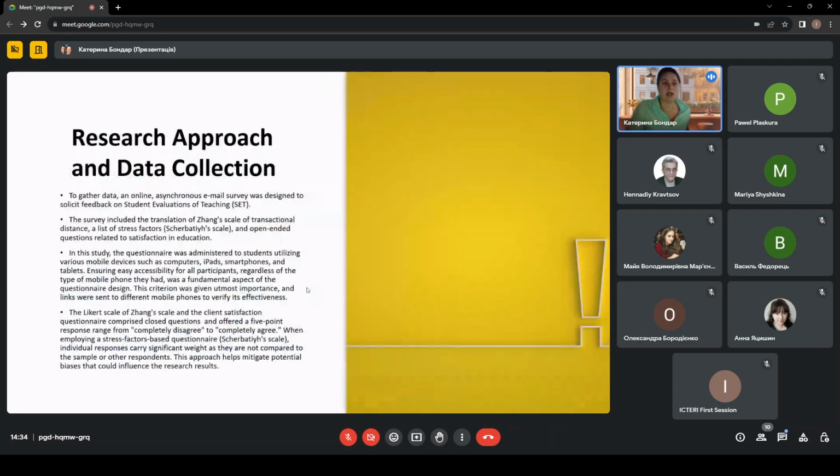Last but not least, I should mention that we use Google Forms because it's easy to collect data. It's a super friendly platform for our students and understandable.